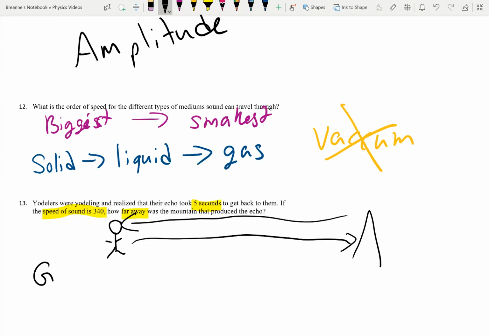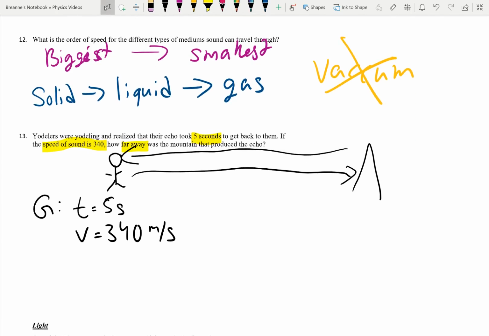So our givens, we have t, 5 seconds. We have v, 340 meters per second. And our unknown is distance, the distance from the mountain.